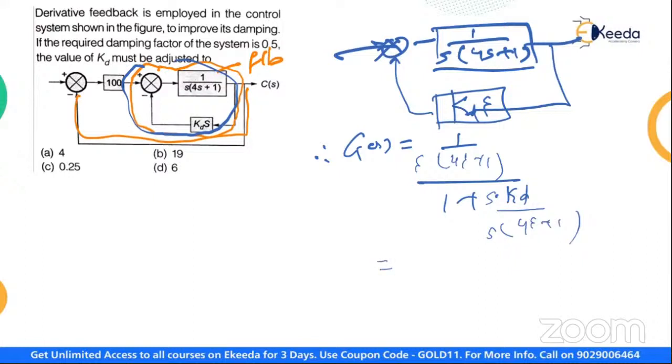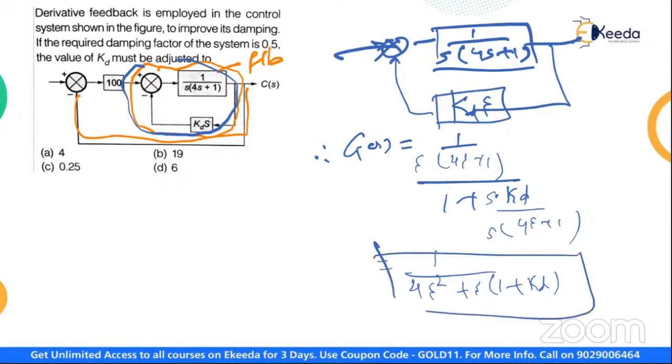Yes. If you simplify this, you will get 1 upon 4s squared plus s into 1 plus KD. Is it right? Yes.